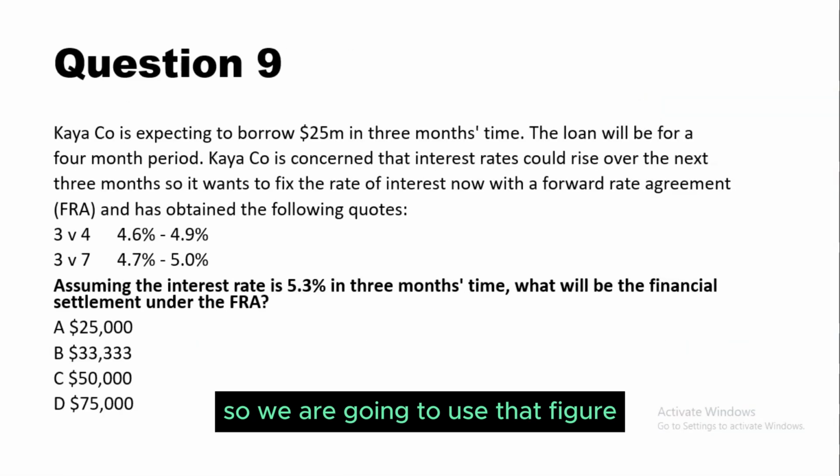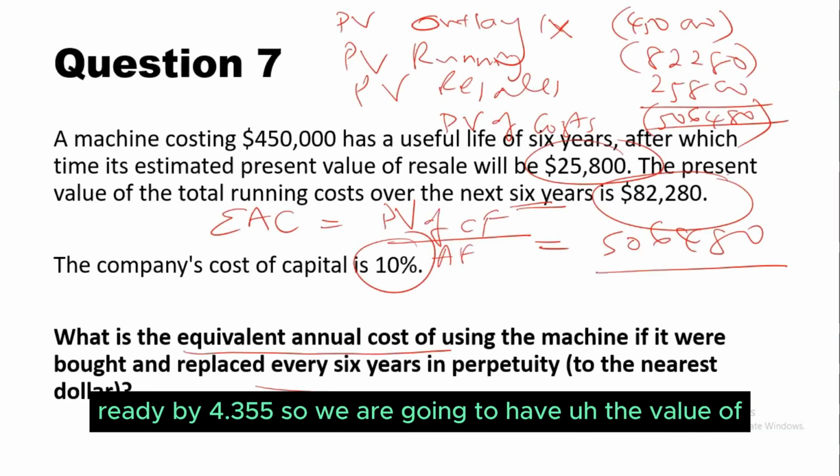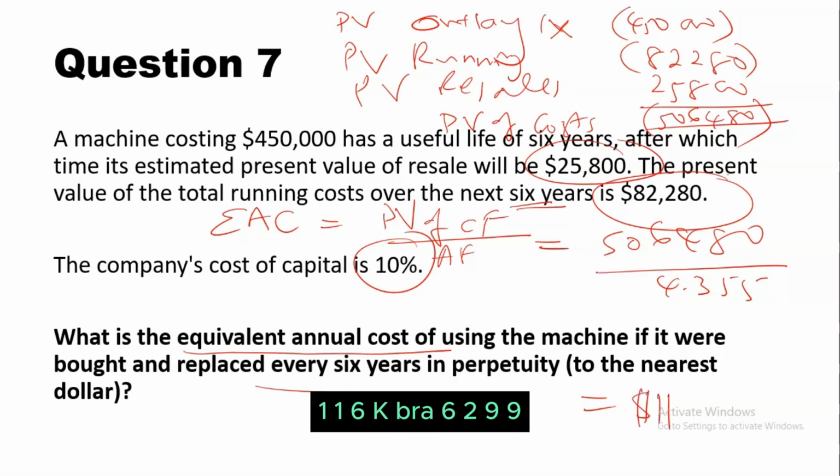So we are going to use that figure: 506,480 divided by 4.355. So we are going to have the value of 116,299.